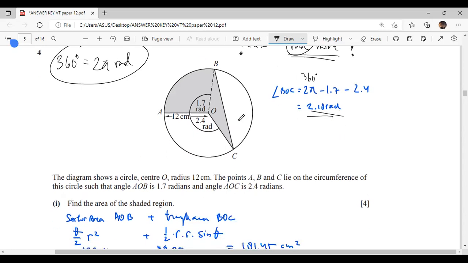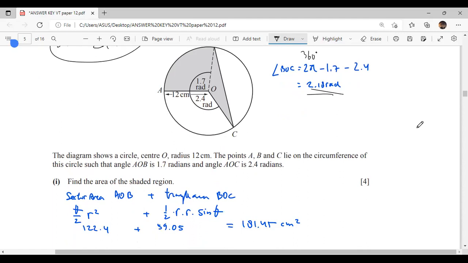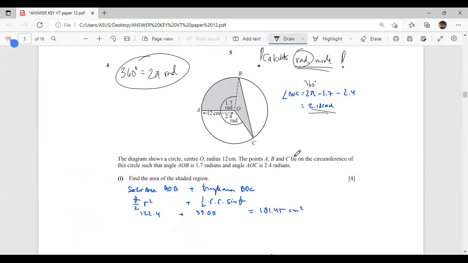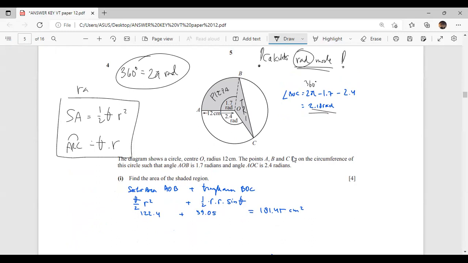And then find the area of the shaded region. So if I want to find the area of the shaded region, what you need to do is try to find the sector area of AOB, the pizza, right? And the triangle. So the sector area formula is half r squared theta. And the arc will be theta r, if this is in terms of radian.